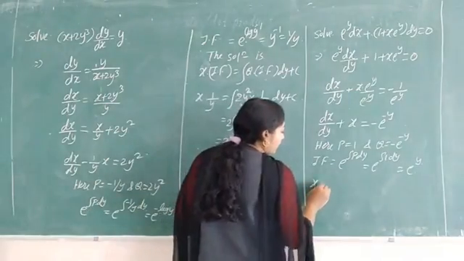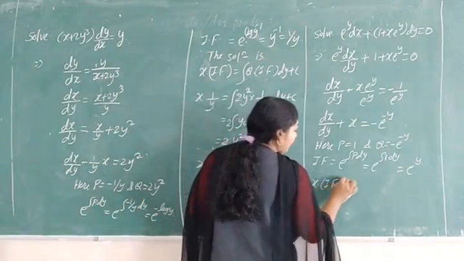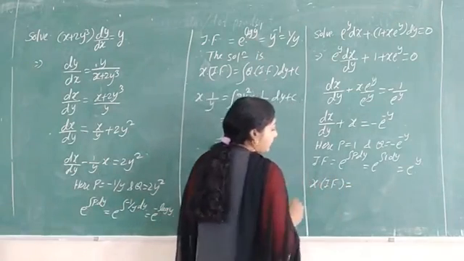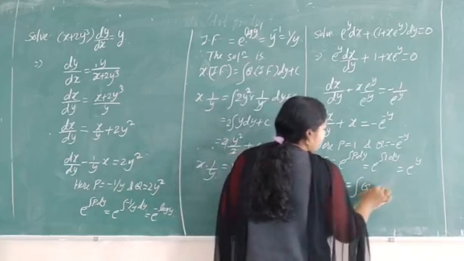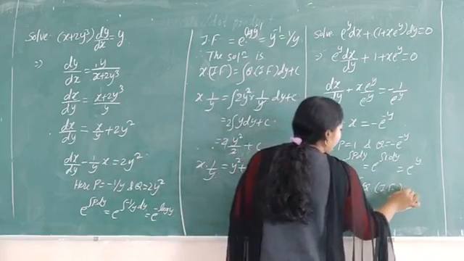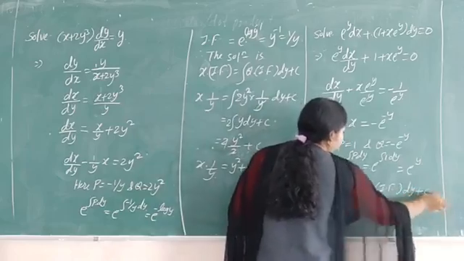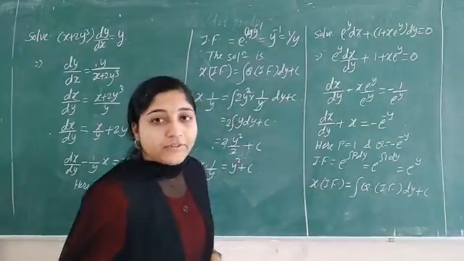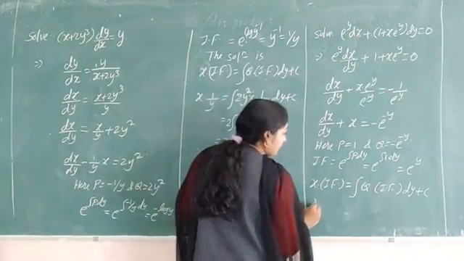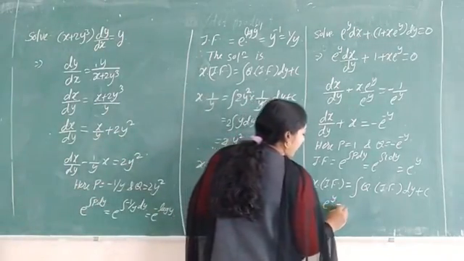Therefore the solution is x into integrating factor. This is equal to integration of q into integrating factor with respect to y plus c. Substitute the value. So x into integrating factor is x into e to the power of y.